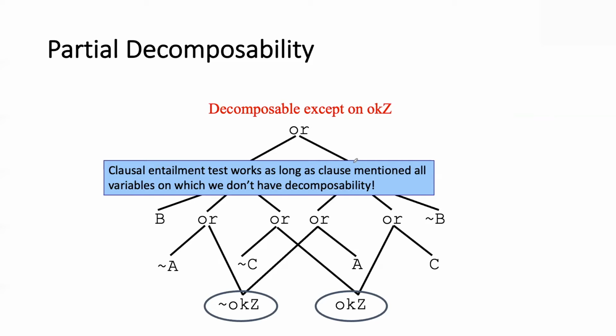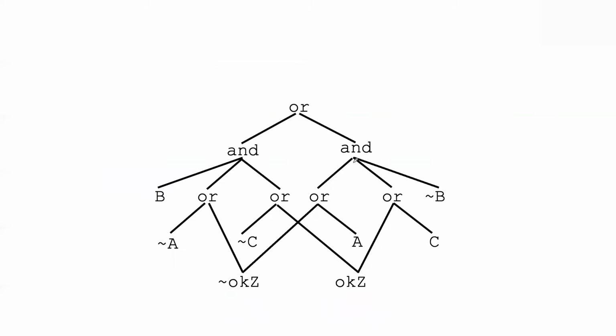And you can see why, right? Because if I have this guy and I'm trying to conjoin it with this, I'm going to replace those occurrences with constants. So even though this circuit was not decomposable on this guy, when I substitute a specific value for that variable, then it is decomposable.